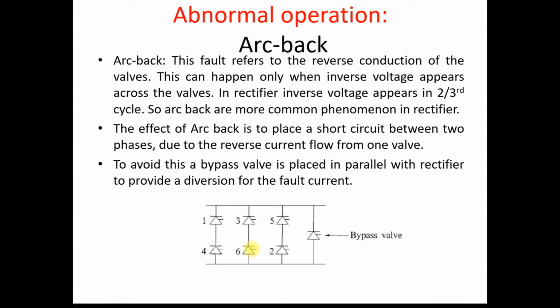At that time we used the bypass valve, but nowadays it is not required because we use thyristors, and it does not happen in the thyristor because the thyristor has a large voltage withstand capacity in the reverse direction. So this is one of the abnormal operations that happens in the HVDC converter when it acts as a rectifier.